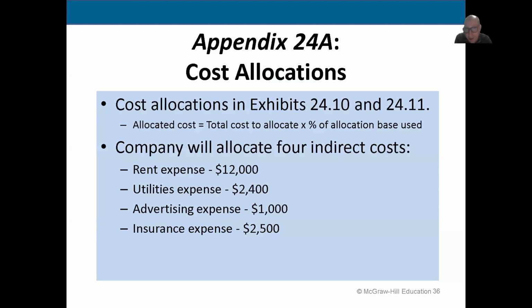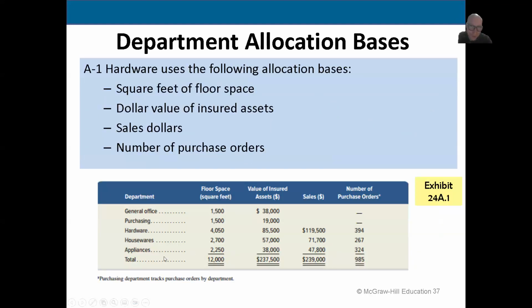Allocated cost is the total cost to allocate times a percentage, the allocation base used. We do this for things like rent, utilities, advertising, and insurance expenses. Very similar to the example that I walked through earlier. Department allocation base is based off of square footage, dollar amount value insured, numbers, amount in sales, and the number of purchase orders.